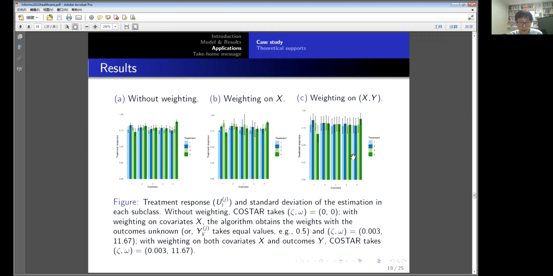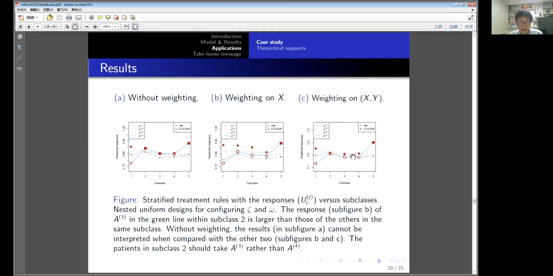With weighting on covariate X, the algorithm obtains the weights with the outcomes unknown, and Y takes equal values, for example, 0.5, and the parameters take the optimal configuration. For example, eta takes 0.003 and omega takes 11.67. With weighting on both covariates and outcomes, COSTAR takes the optimal setting.